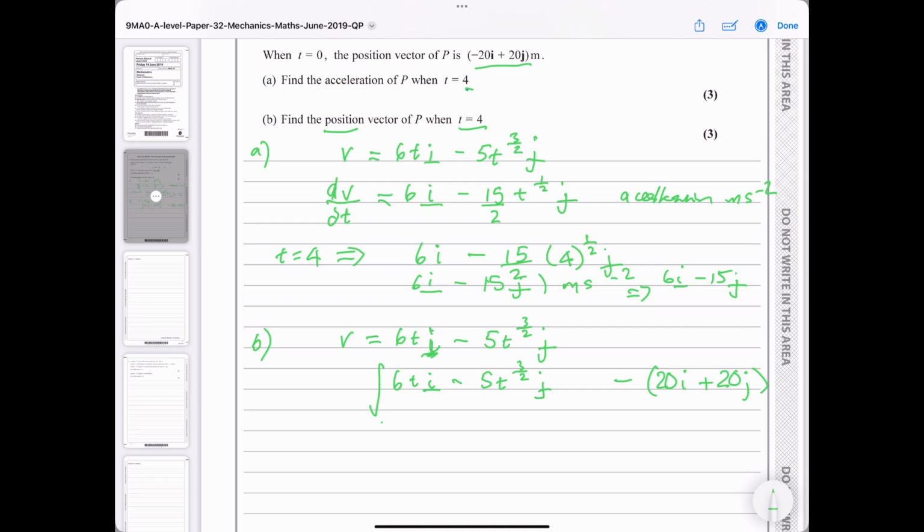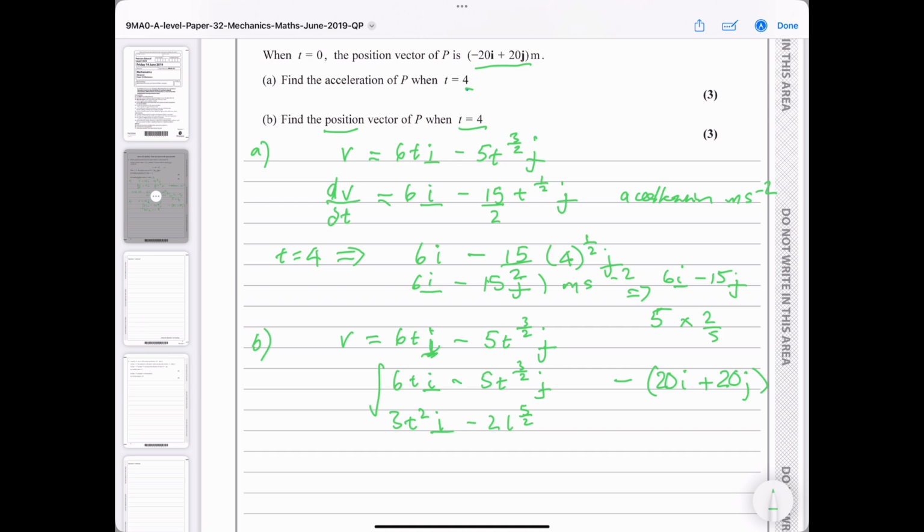So we've got t squared, and then we've got to divide by 2, so that would be 3t squared i, and then minus, put that up to 5 over 2 and divide by 5 over 2, which is timesing by 2 over 5. So what is 5 times 2 over 5? That is 2.